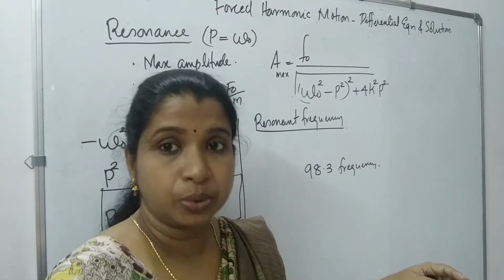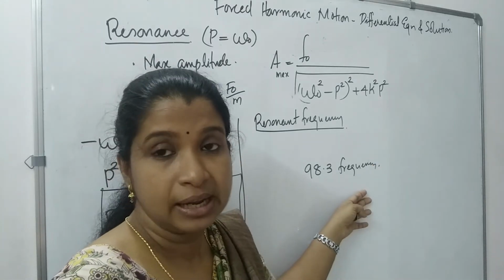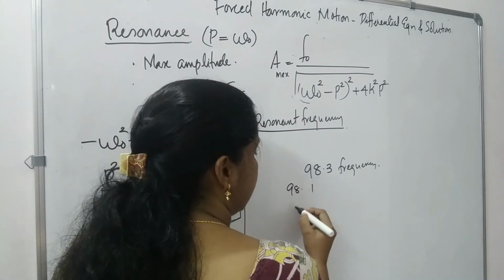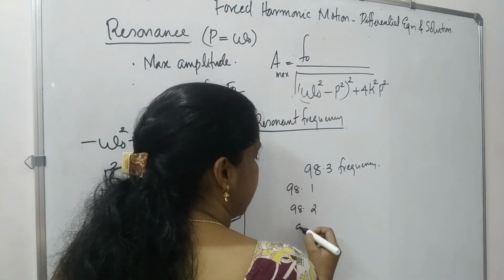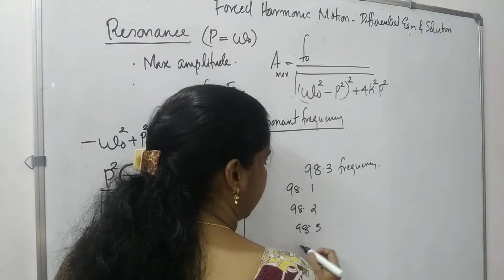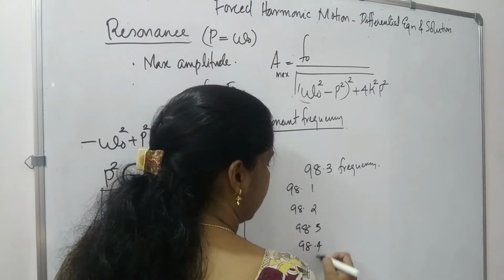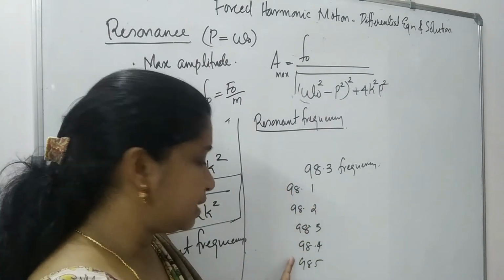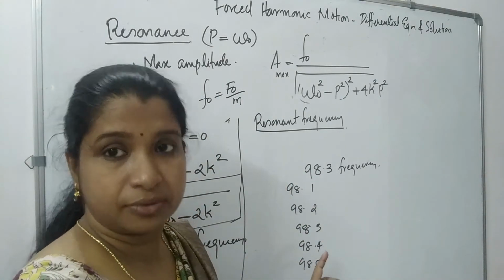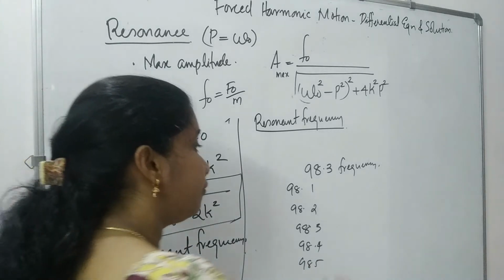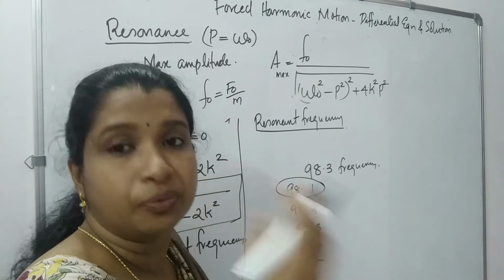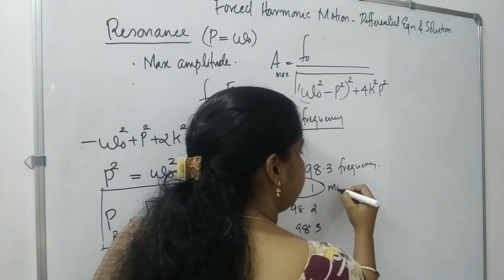If we want to tune this radio station in our mobile, we set the frequency values from 98.1, 98.2, 98.3, then 98.4, 98.5. We are trying to get that radio station. When 98.3, we can hear music along with noise.